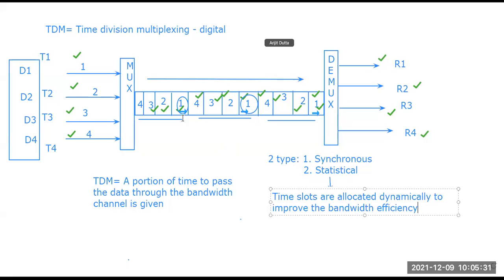That the channel would be idle if there is no data, but to improve the bandwidth efficiency, the statistical TDM concept was introduced to allocate the time slot dynamically. So what happens here is that only when an input line has some data to send, only when the devices have some data to send, will some time frame be allocated to them.